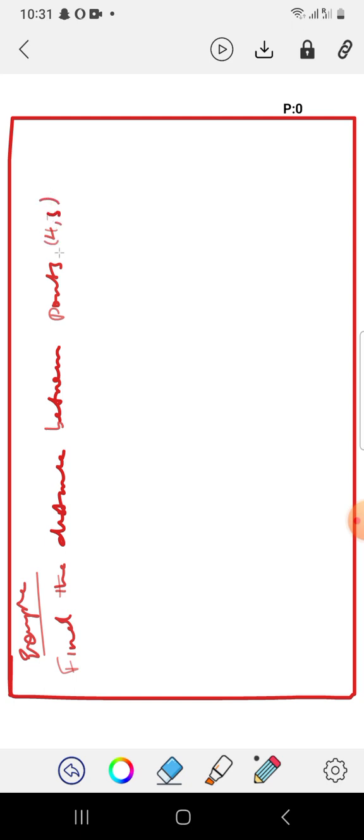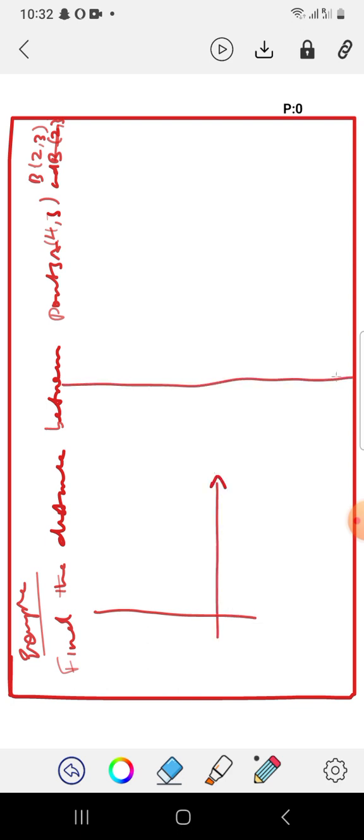So the example is like find the distance between points A 4,5 and B 2,3. Okay, so let's sketch it here. We know it's going to be like this.